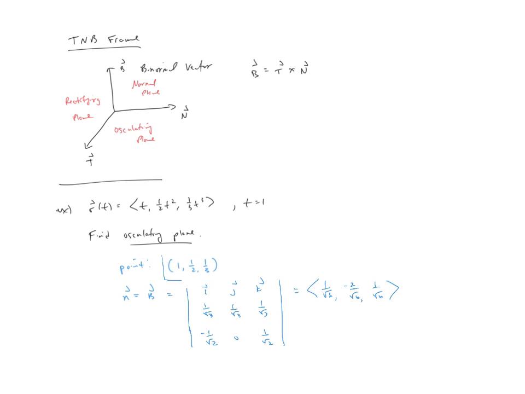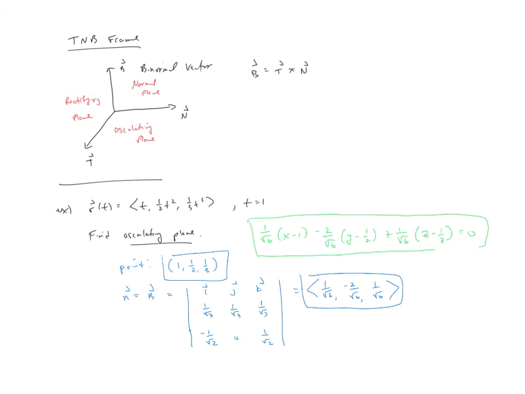So we've got our point, we've got our normal vector. Therefore, it's a matter of just putting it together as we would have in the previous chapter. So we're going to have 1 over root 6 times (x minus 1), minus 2 over root 6 times (y minus 1/2), plus 1 over root 6 times (z minus 1/3), set equal to 0. So this would be the equation of the osculating plane for that last example.